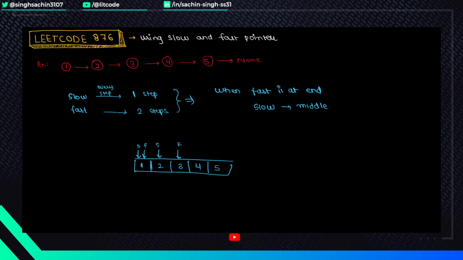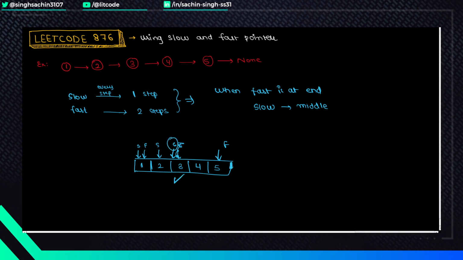Okay, in the next iteration, my slow pointer will move to this and my fast pointer will be here. Okay, why? Because it is moving two steps at a time. So as you can see, fast pointer reached the last element, but the slow pointer is at the middle element, and this is what we want to do, right? So this is the core logic of the solution which we'll be implementing.